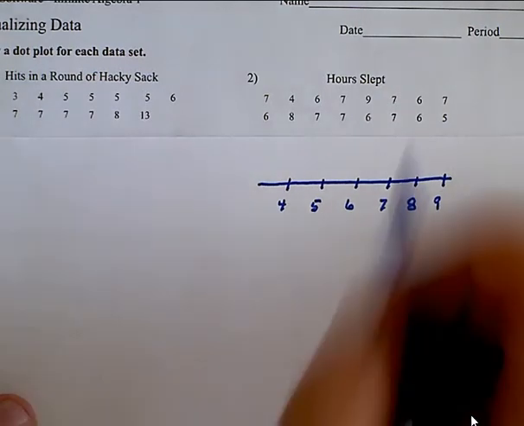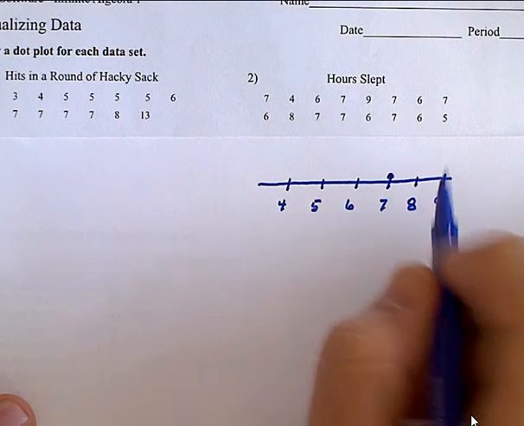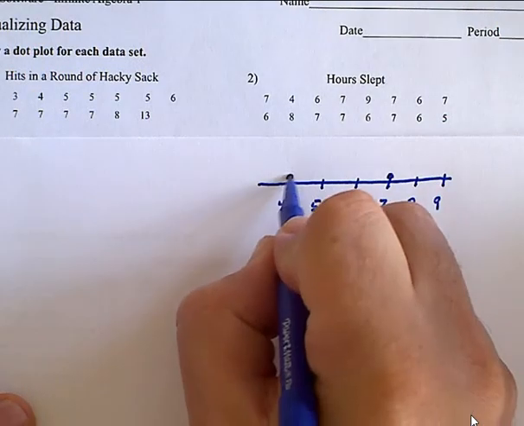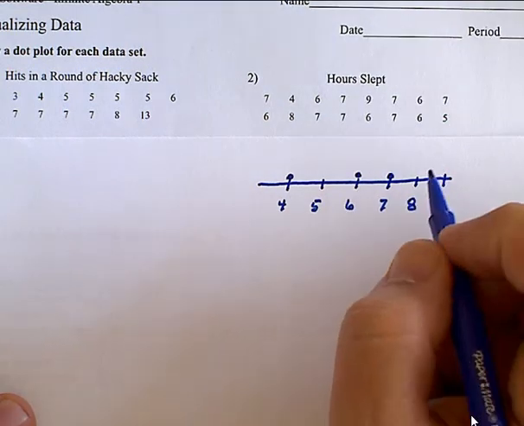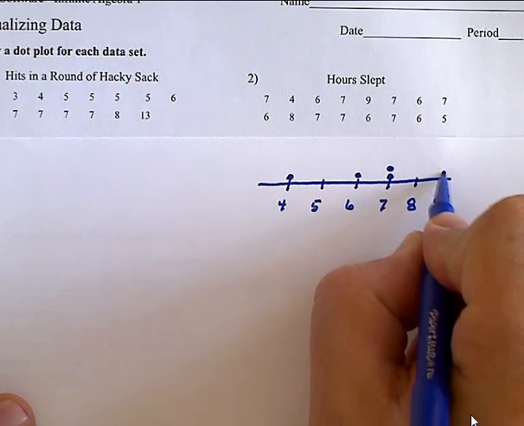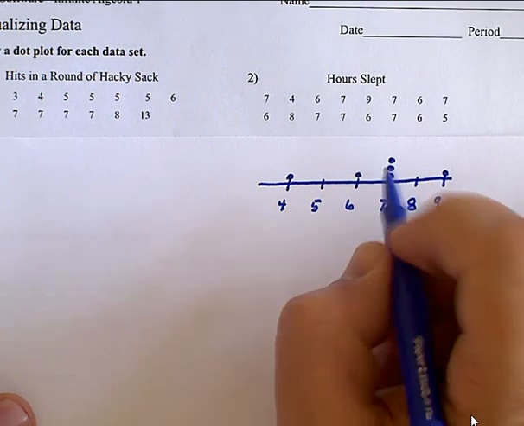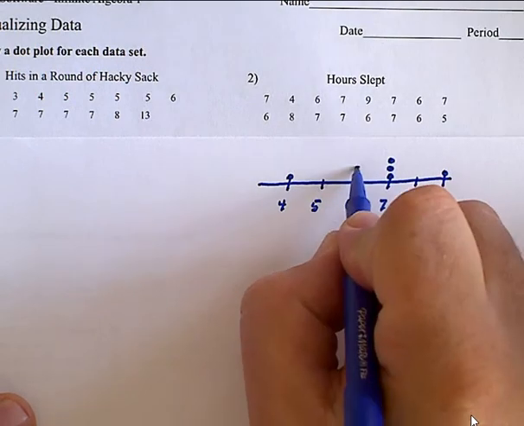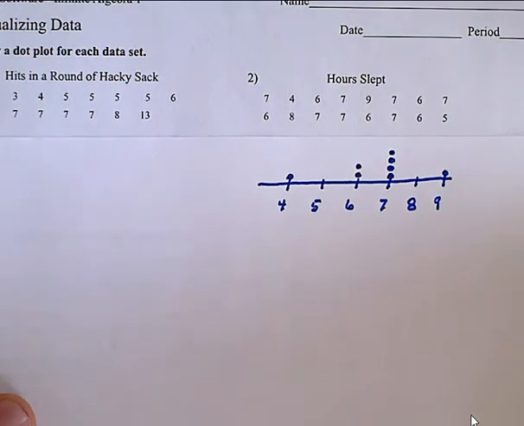So the first one starts off with a 7, and then you have a 4, and then 6, 7, 9, 7, 6, 7, etc. So there's the first line of numbers put on the graph.